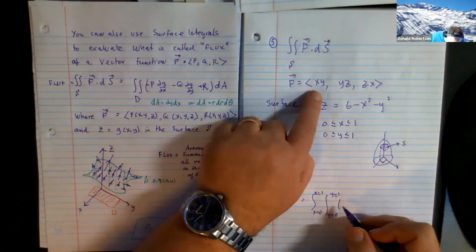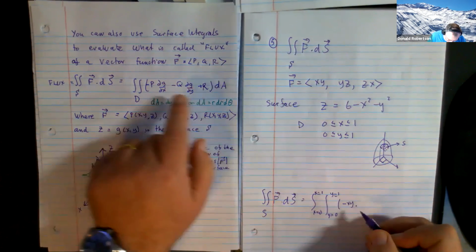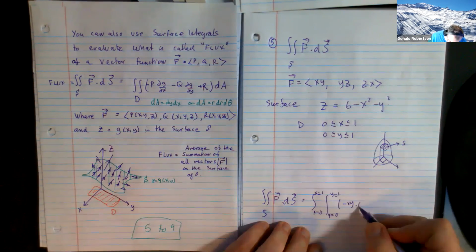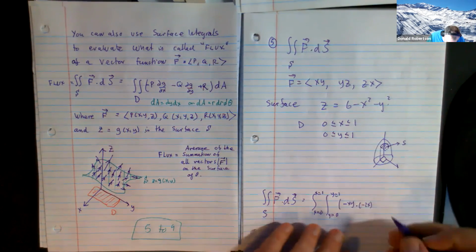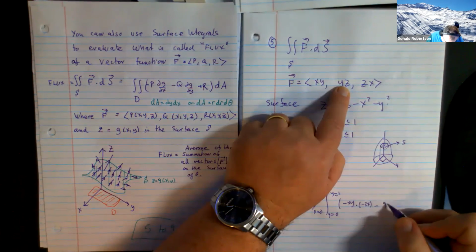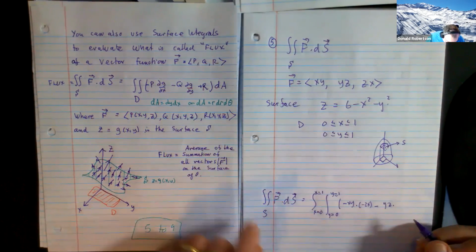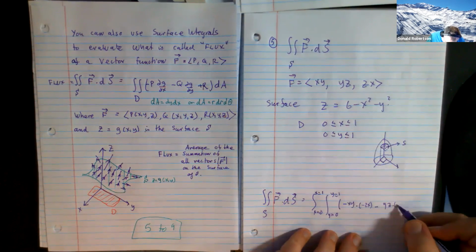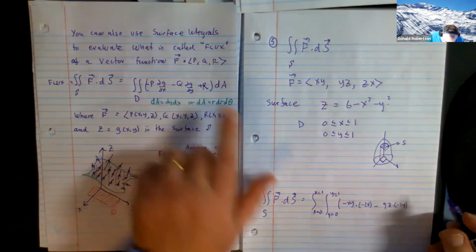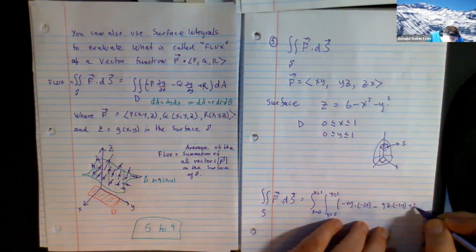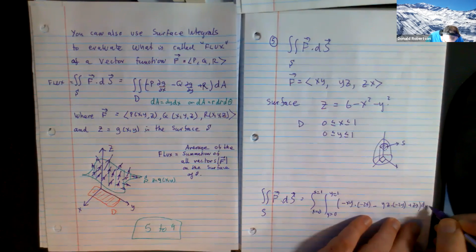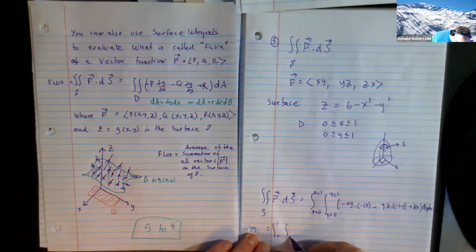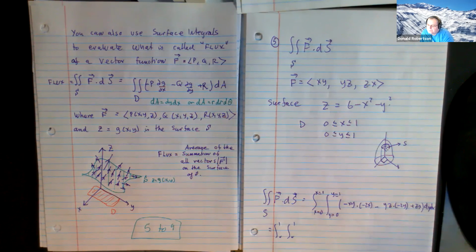Negative P, which is negative this guy, times the derivative of this guy with respect to x, which is negative 2x. That's where this one comes from. Take away Q, which is this guy, times the derivative of G with respect to y. And if you do that, you get negative 2y. And then you add an R, which means you add a zx. And then you do your dy dx. Have you noticed that this integral still has z's in it?